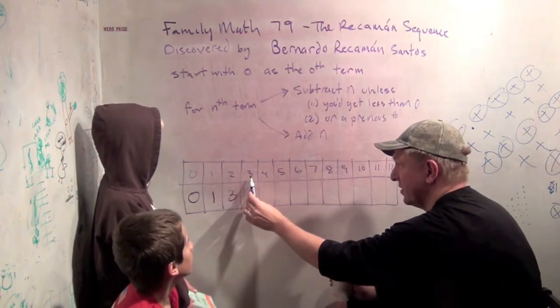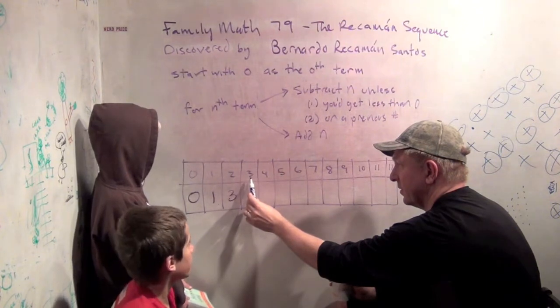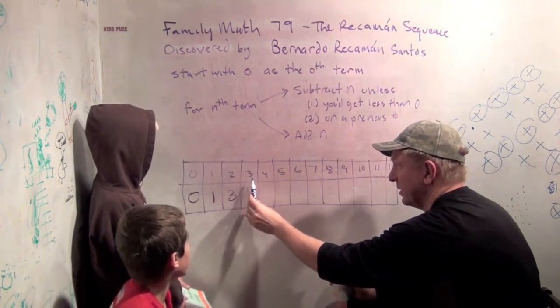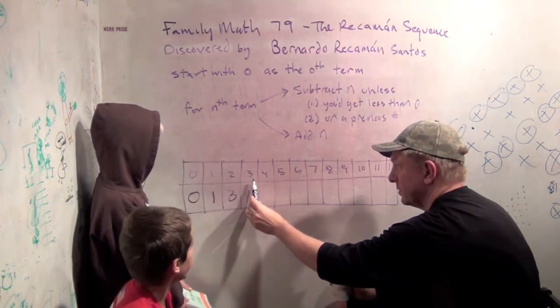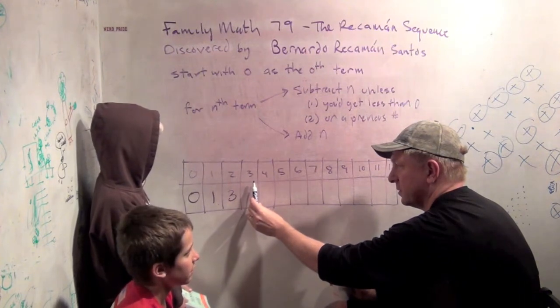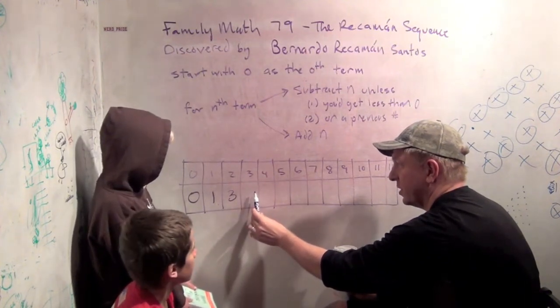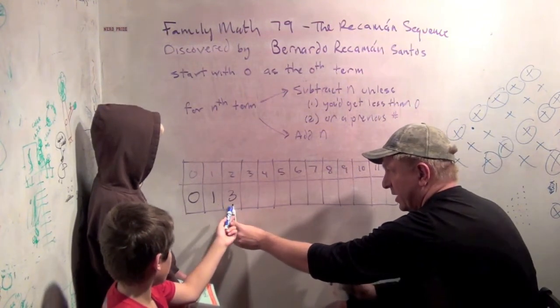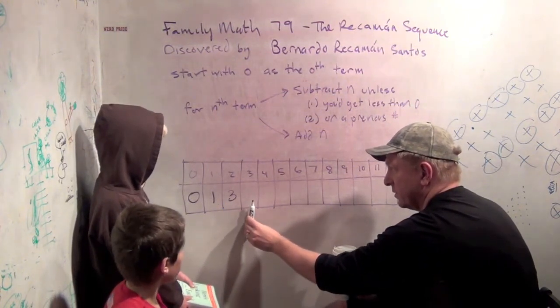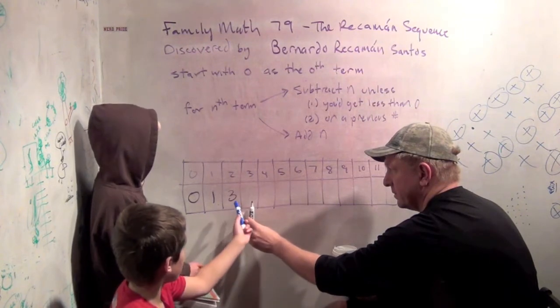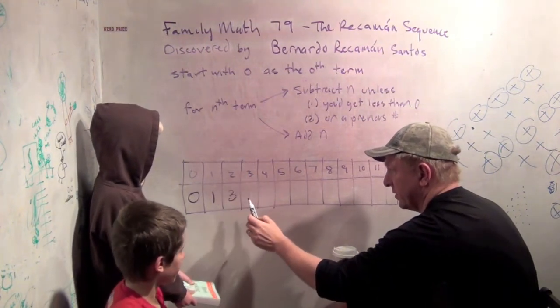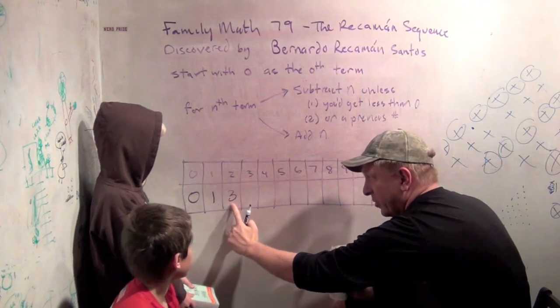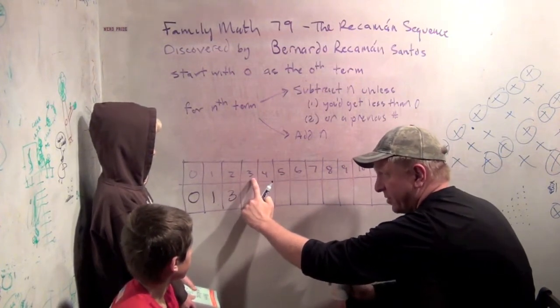What are we supposed to do first? Subtract n. What number do we have right now? We have 3, and our n is 3.